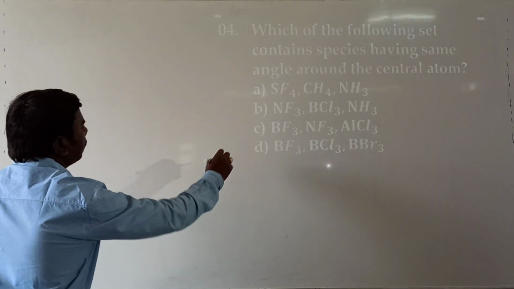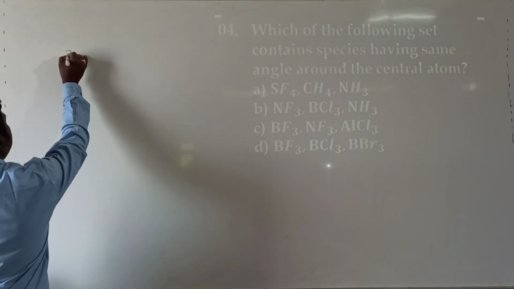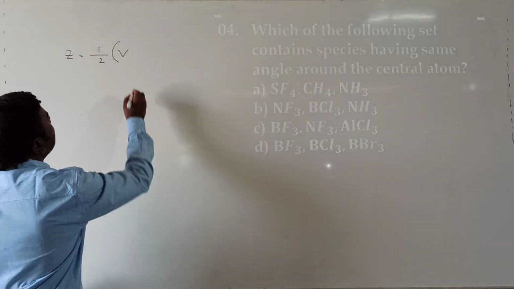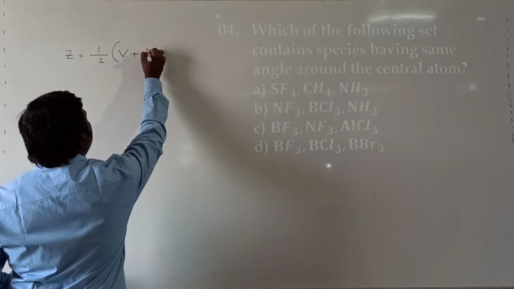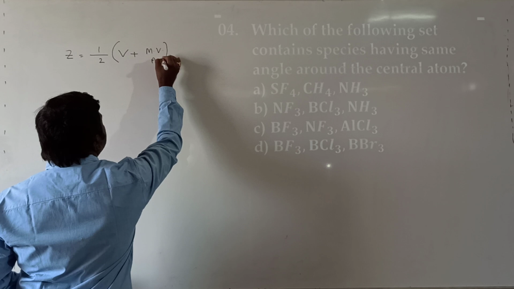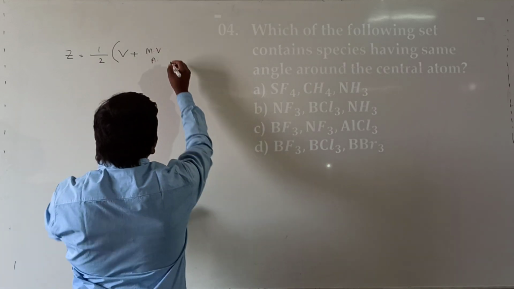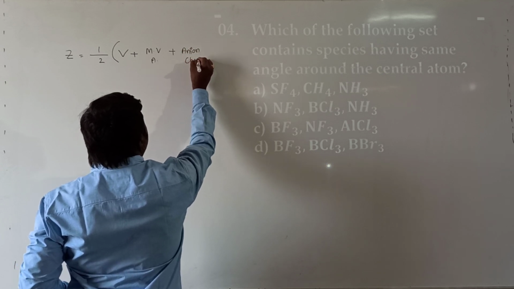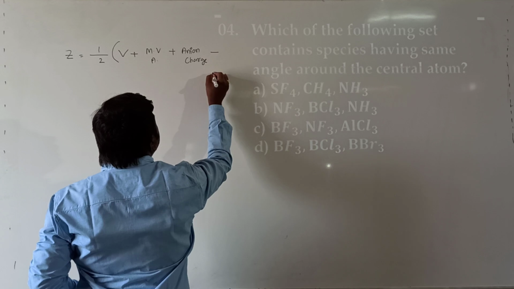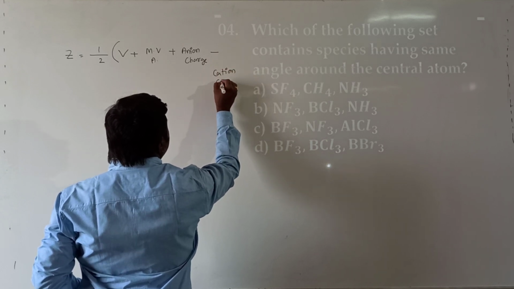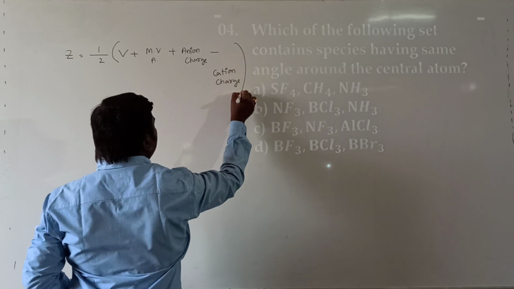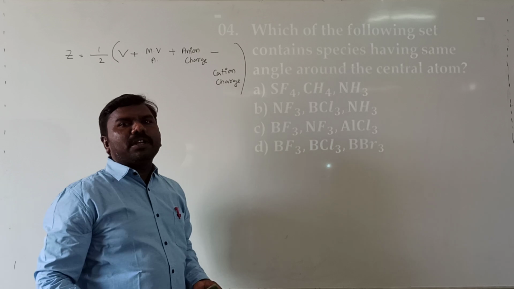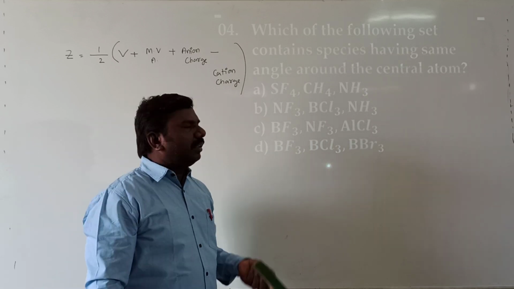The hybridization formula is Z equal to half into valence electrons plus monovalent atoms plus anion charge minus cation charge. This is the formula. You have to verify the hybridizations of all these, then you will get the right answer.